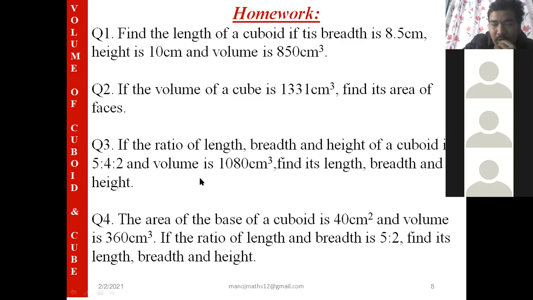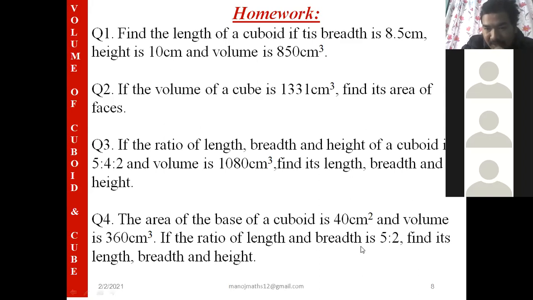Look here, everybody. Look, children, look here. In question number 4, we have to suppose length is 5x, breadth is 2x, and height is not given there. Number 4, not number 3.